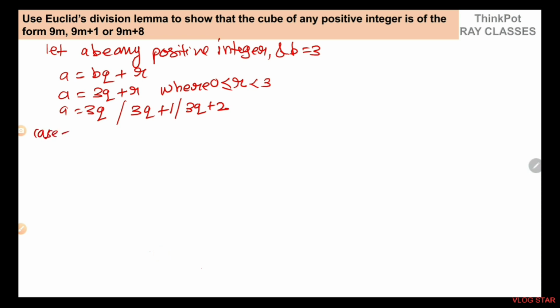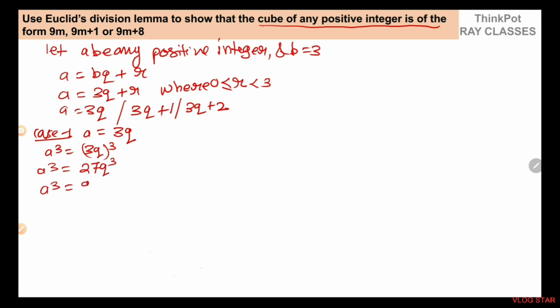Case 1, when a is equal to 3q. The statement says cube of any positive integer, so I'll take the cube of this integer a, that is (3q) cube. We will get a cube is equal to 27q cube.